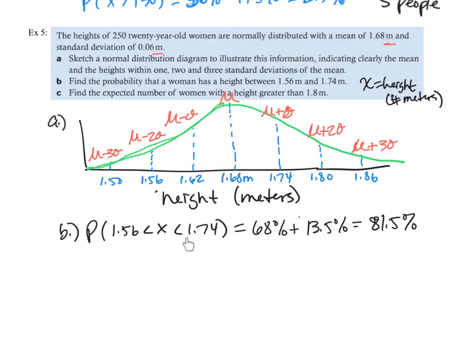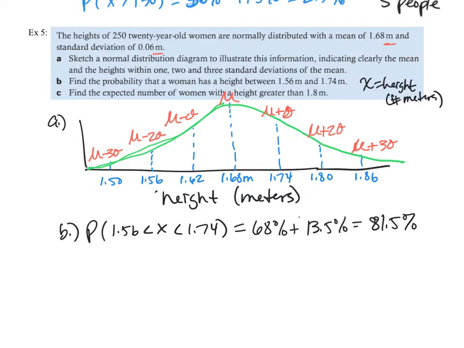Letter C says, find the expected number of women with a height greater than 1.8. The first thing we need to do is find the probability that a woman has a height more than 1.8. That would be this area of the curve. If we look at just the right half of the data, which represents 50% of the data, we take 50% and subtract this area, which remember was 34% plus 13.5%, so this is a total of 47.5%.